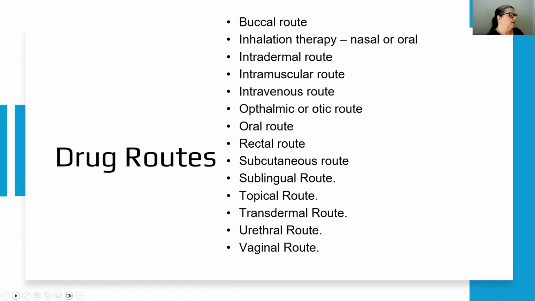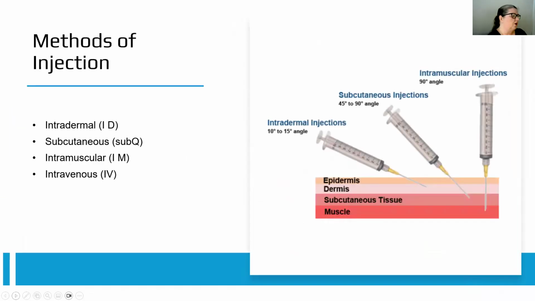vaginally. All right. So let's take a look real quick at injections because quite honestly, in the office, the majority of medications that we are going to inject, or I'm sorry, administer, are going to be through injection.